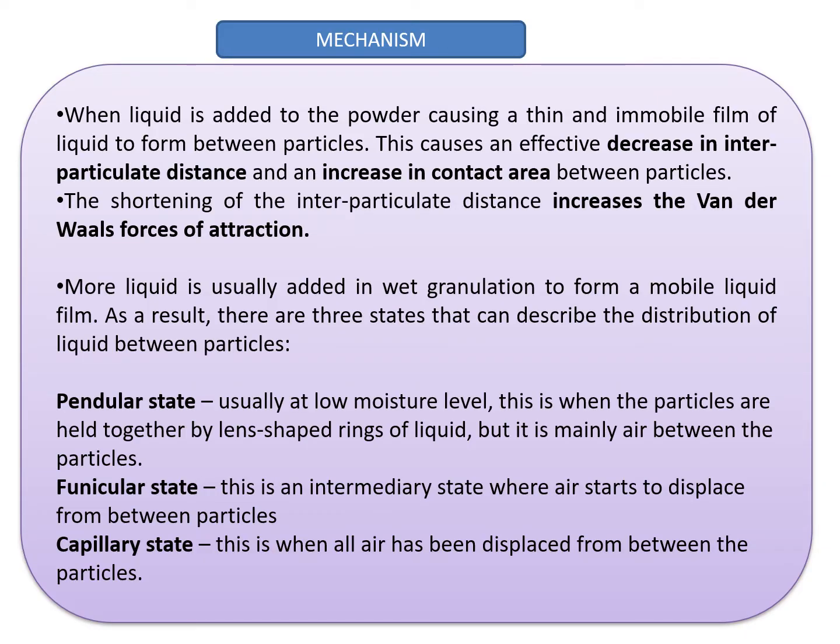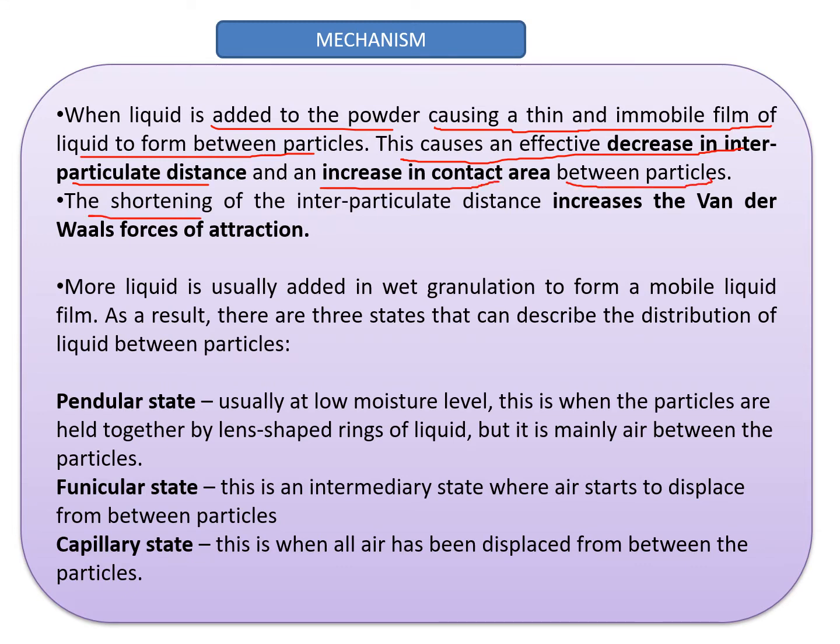When the liquid is added to the powder, it causes a thin and immobile film of liquid to form between the particles. This causes an effective decrease in the interparticulate distance and an increase in the contact area between the particles.